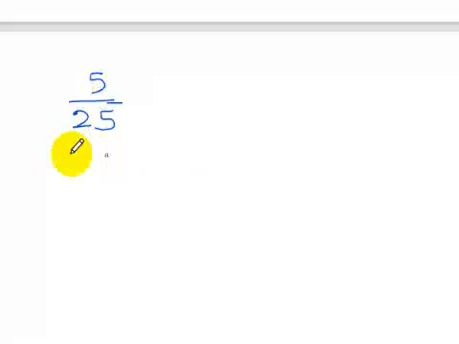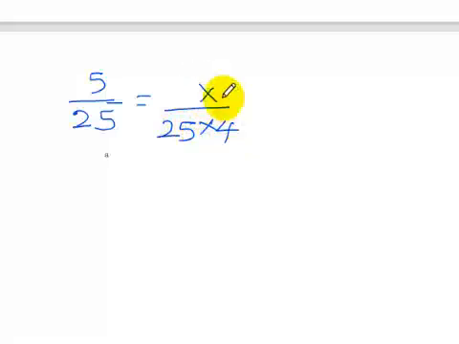Yes, we can convert 25 into 100 by multiplying by 4. If I do something to the denominator of a fraction, I should do the same thing to the numerator. Therefore, I multiply numerator 2 by 4 as well. So 8 over 100.